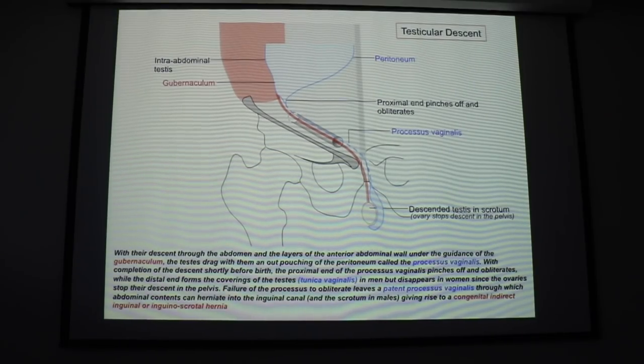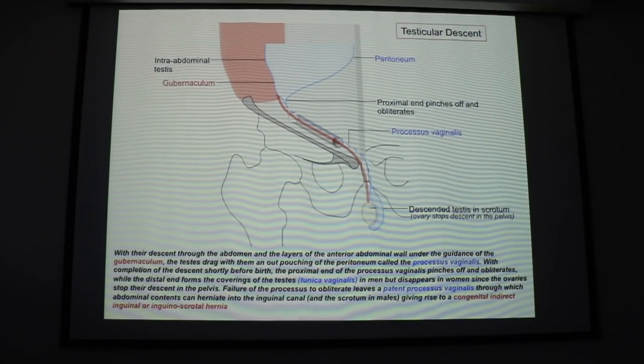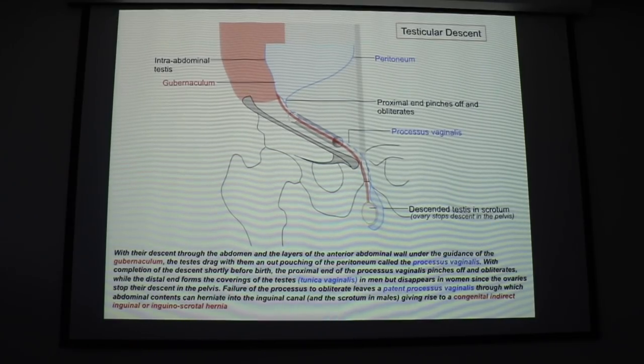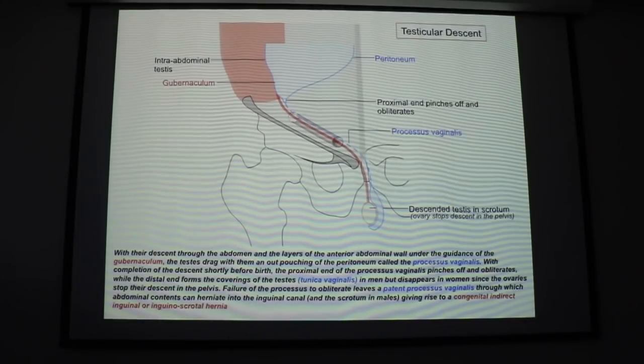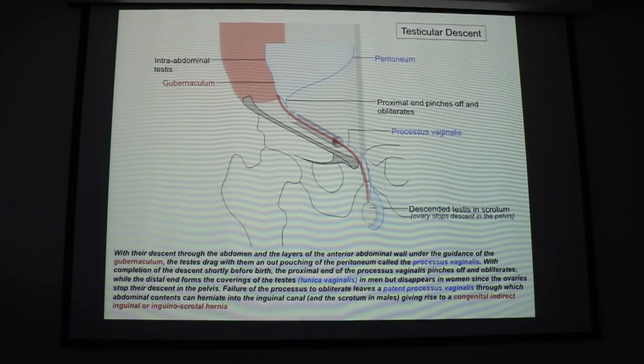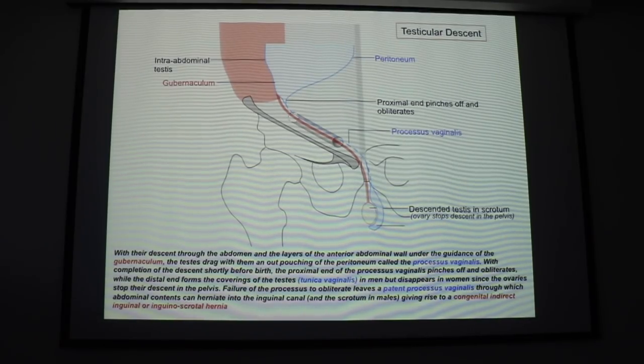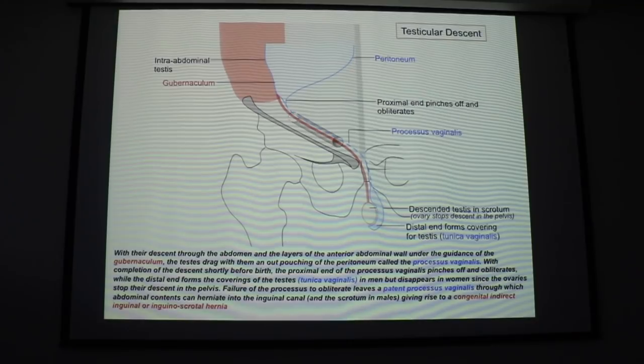Otherwise, we would all have been born with an infantile type of hernia, and the first thing in our life would have been a surgery to close this processus vaginalis so as not to have a hernia. Got it? Is this point clear? Everybody? Good. So now the processus vaginalis is obliterated and we are left with the tunica vaginalis.